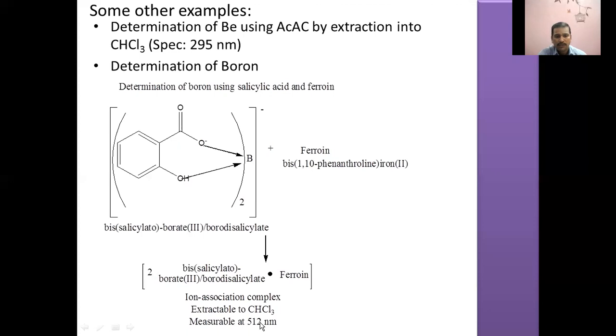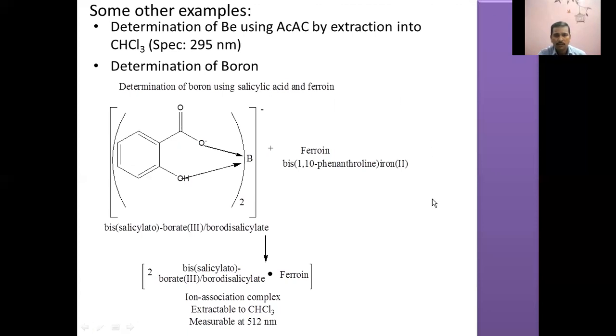So the absorption at 512 nanometer corresponds to the concentration of boron in any sample. This is how the extraction principle has been utilized to extract the ion association complex into chloroform, and thereby we can determine the concentration of boron. Like this, several examples we can quote in order to show the application of liquid-liquid extraction.